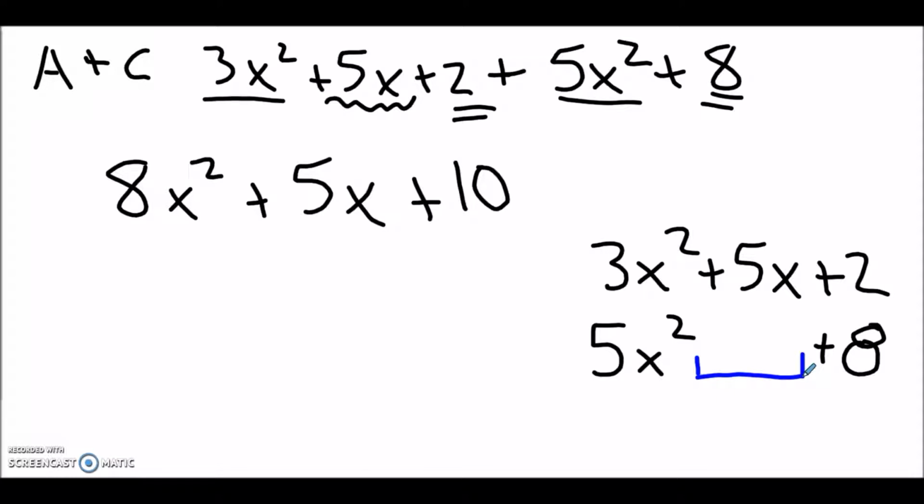So if you're doing it vertically, again, numbers, x's, x squareds, and then you would continue if you had x cubes, x to the fourths, x to the fifths, they have to be aligned. All right, so horizontal, vertical, I don't care. Just vertical, make sure that you get everything in the right column.